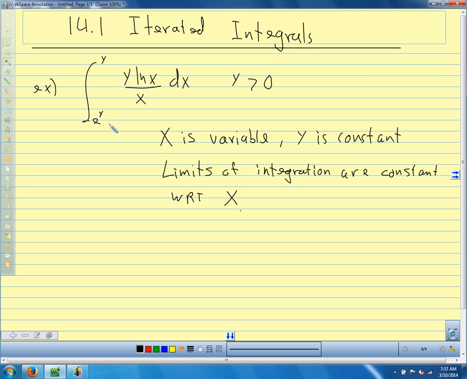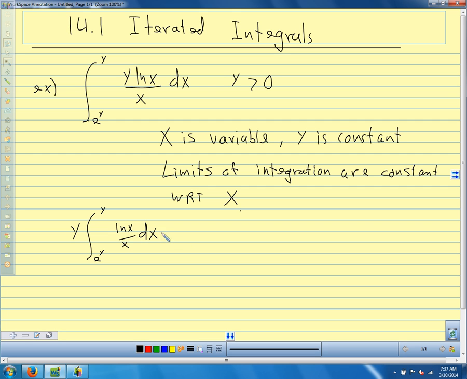So let's evaluate this integral. I'm going to factor out the constant, and we have y times the integral from e to the y to y of ln x over x dx. And how are we going to evaluate this integral? It evaluates to natural log x squared over 2. u is natural log x, du is 1 over x dx.